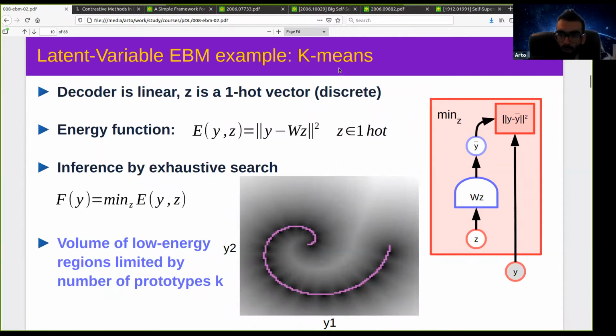So when we do K-means, we want to find the closest data points from the training set to the data point for which we want to do the inference, and in such a way, the low energy space will be limited by k closest prototypes, right?